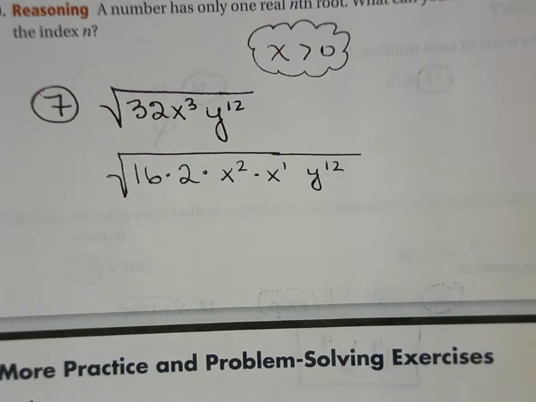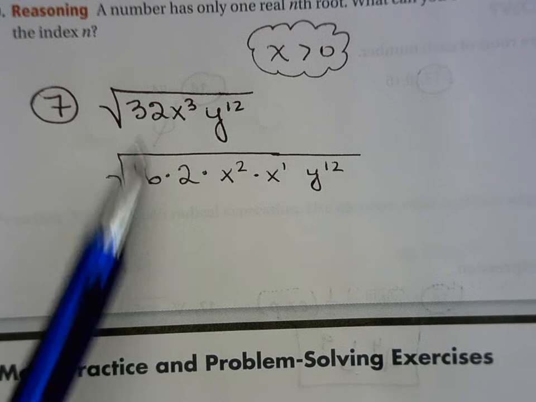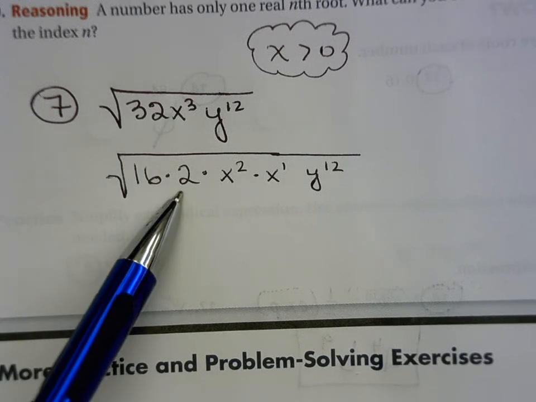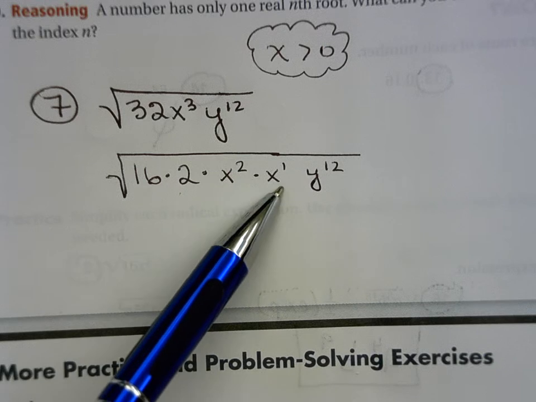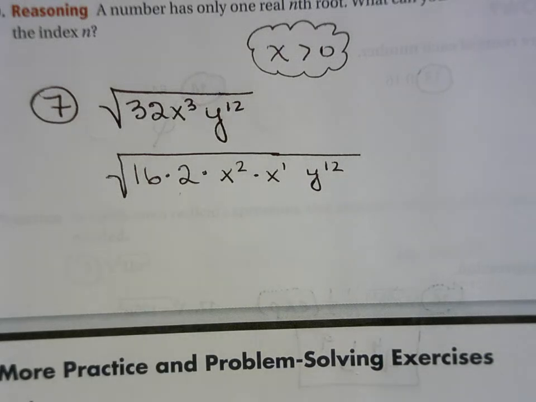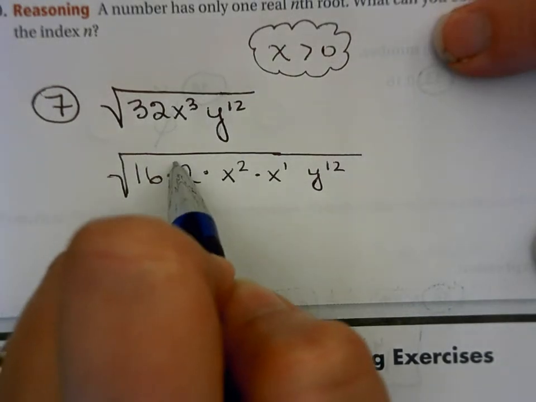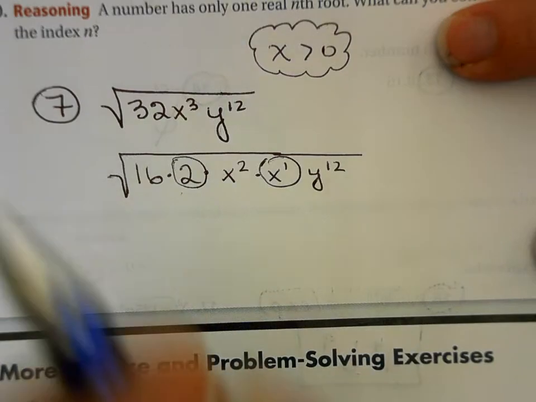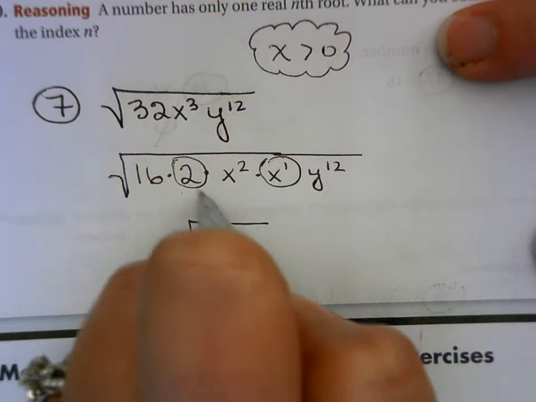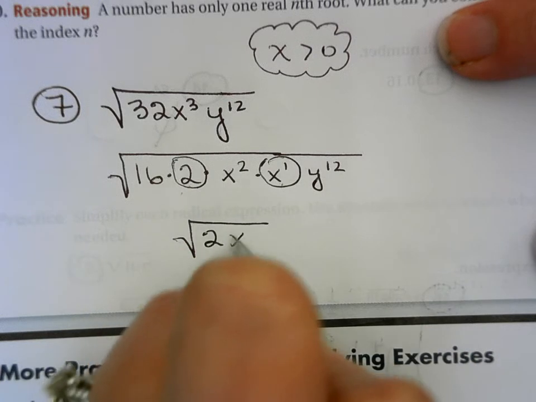So all I do is break this up into squares. So 32 is 16 times 2. X to the third, take 1 off, so that gives me x squared times x to the first, and 12 is even. I do not know the square roots of 2 or x, so that will end up staying in the radical. So inside I'll have 2 and x to the first.